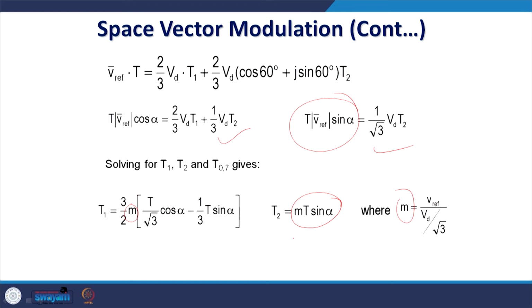Similarly, we can calculate T2, which is just M into T sin alpha. Thus we have calculated T1 and T2; subtract them from the total time T and divide by 2, and that becomes T0 and T7.